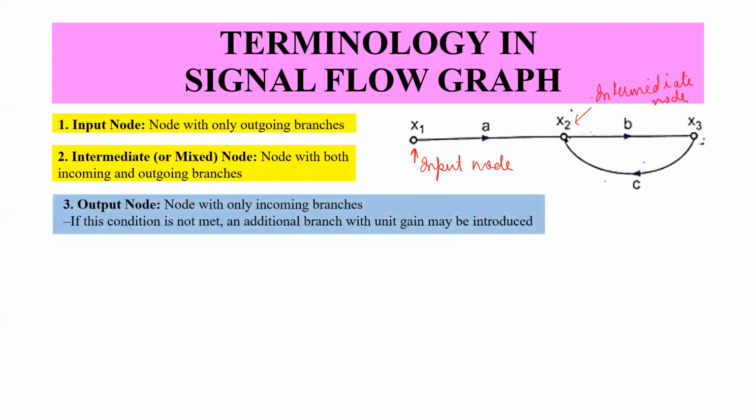Then we have the output node, which will only have incoming branches, right? If this is not the case, then we can extend this to get one more node with the gain 1, so that would become the output node in this case.